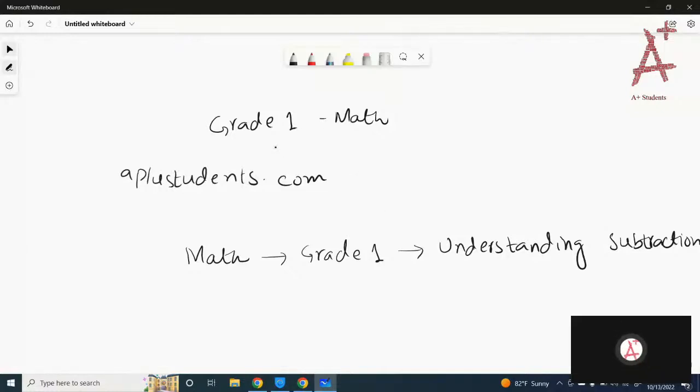Let me write down the lesson name. So please make sure you have your notebook and pencil so that you can note down the important points in your notebooks.